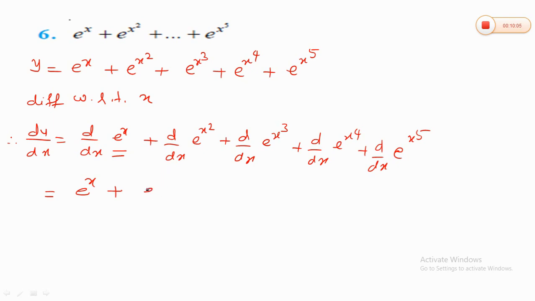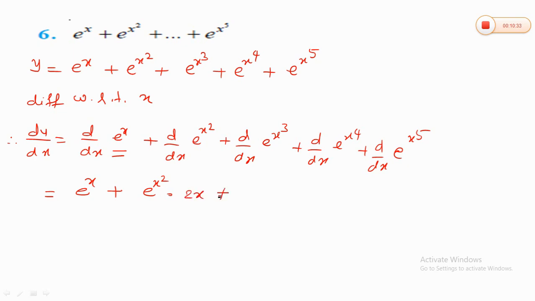Therefore this is e^(x^2), and again find the derivative of x^2, which is 2x.